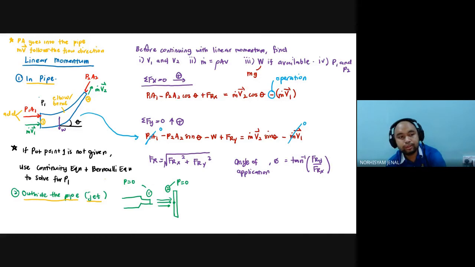So P1A1 should be coming into, P2A2 should be coming into the pipe also. M dot V1 should go to the direction of flow. M dot V2 will also go to the direction of flow.